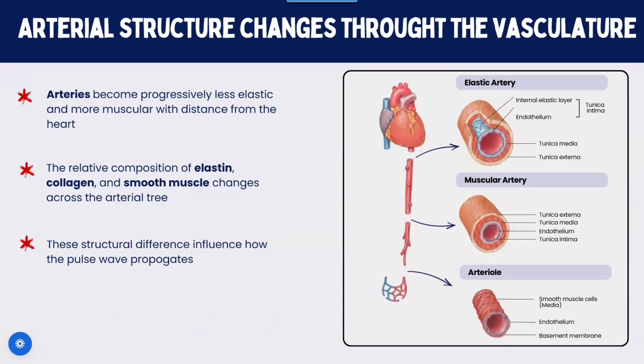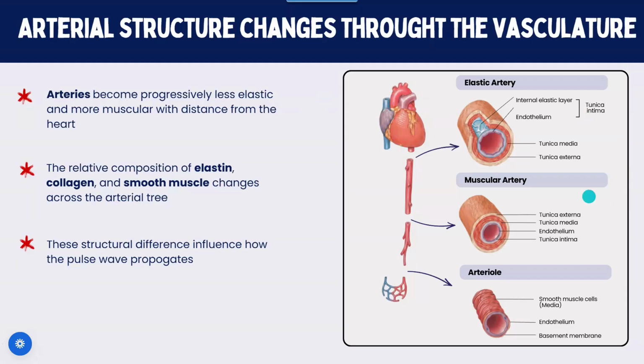Okay, so one other thing to know, we need to recognize that not all arteries are built the same. Near the heart, the aorta specifically, arteries are highly elastic and they're designed to expand with each heartbeat, storing some of that energy before recoiling.